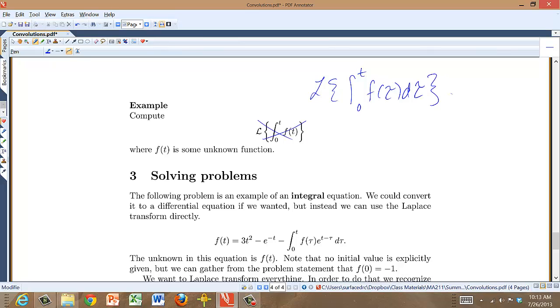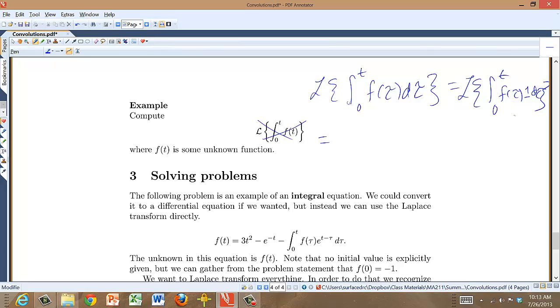Okay. I want to Laplace transform that, and there are lots of ways you can do this. My favorite thing, though, is to say that, look, this is the Laplace transform of the integral from 0 to t of f of tau times 1 d tau.